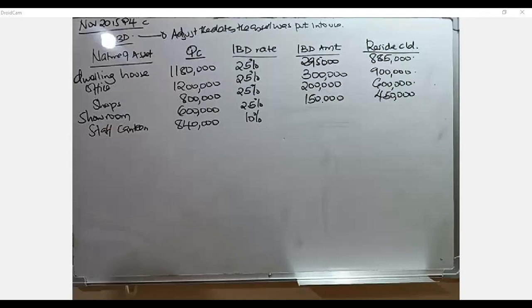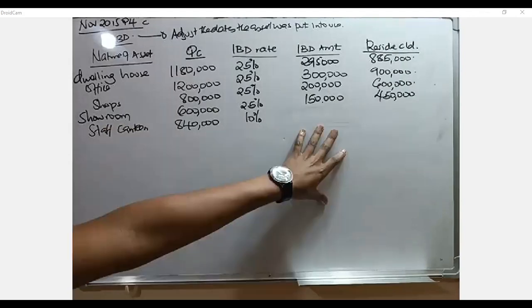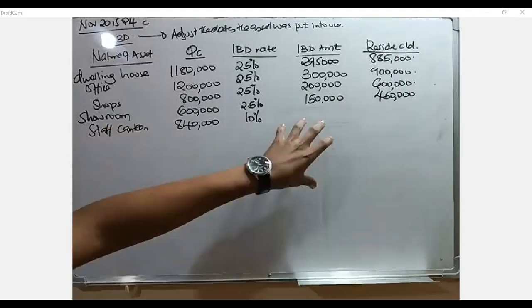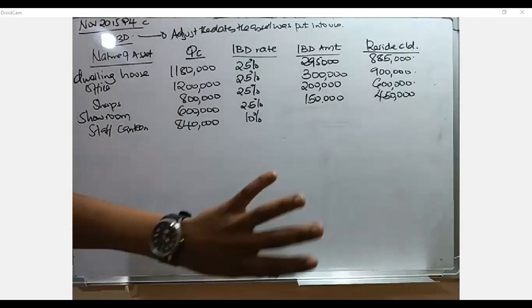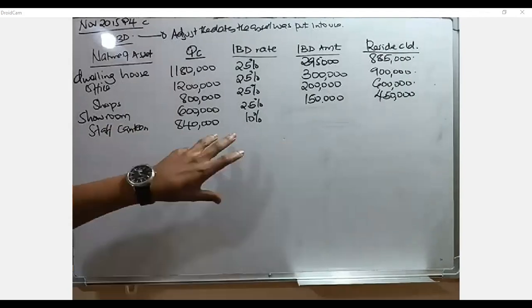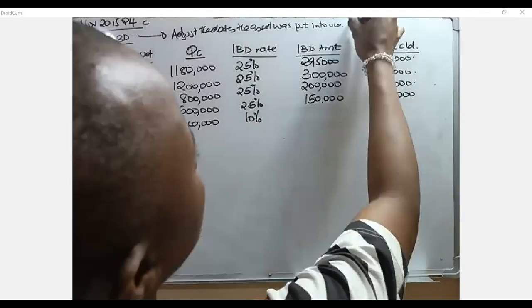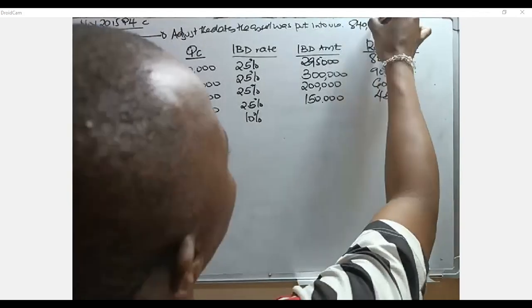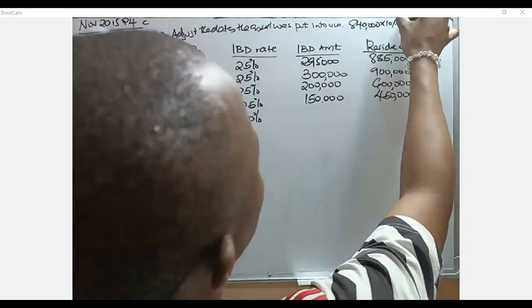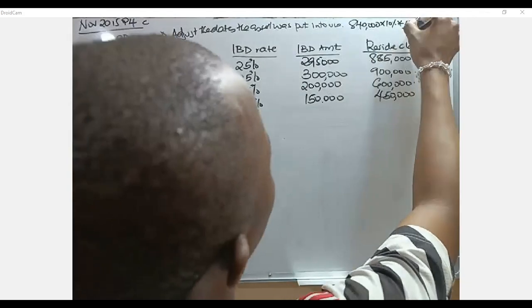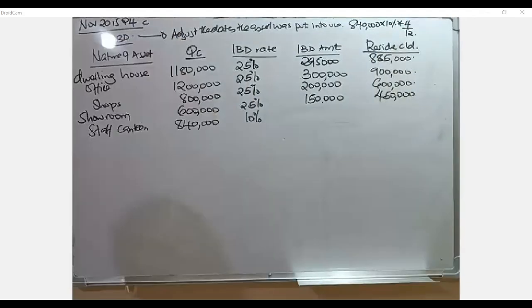You get 84,000, but that is for the whole year. But during this financial year, because we are calculating for this year, the asset was put into use from September 1st. So you count how many months? September, October, November, December. So your portion, you take 840,000 times 10% times 4/12. That is how you do it.